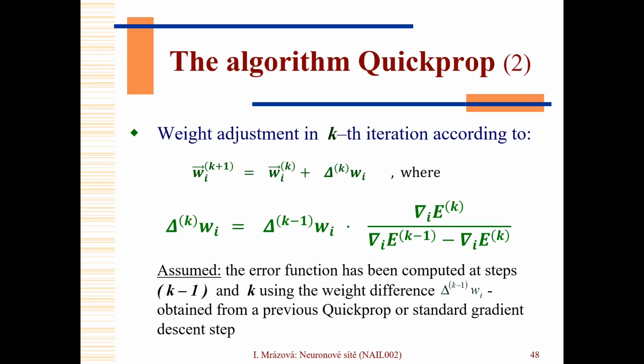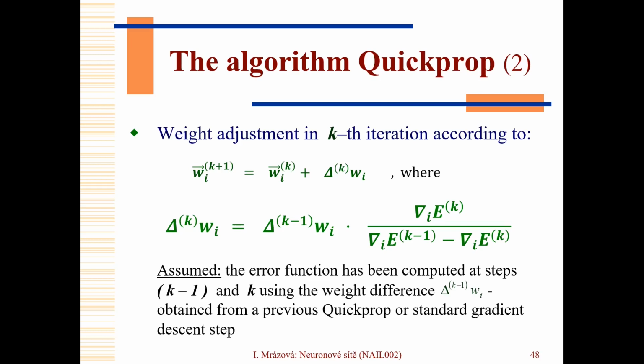And by rewriting this term, we get the expression for Δ_k W_i to be equal to Δ W_i at iteration k minus 1 times the gradient in dimension i of the error function E at iteration k, divided by the difference, and now the change of the sign is incorporated, between the gradient at iteration k minus 1 minus the gradient of E at iteration k.